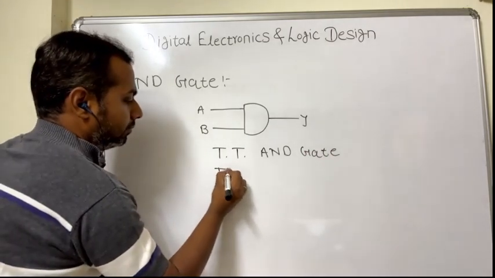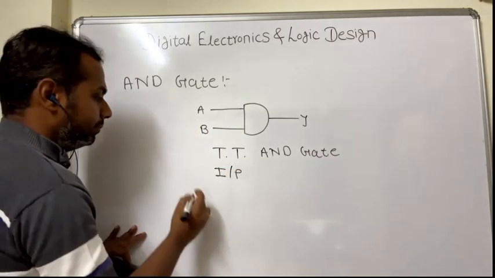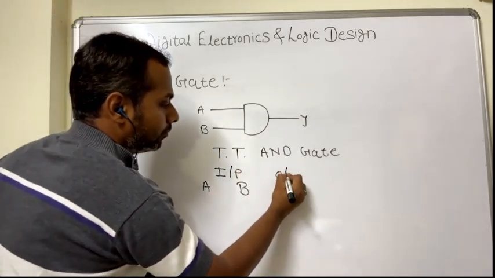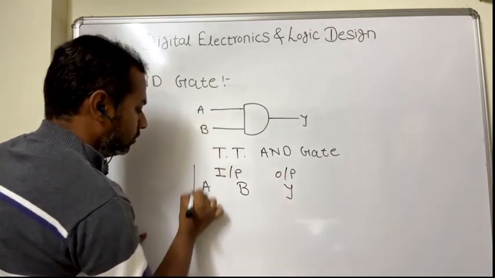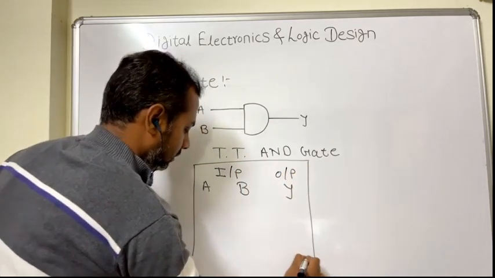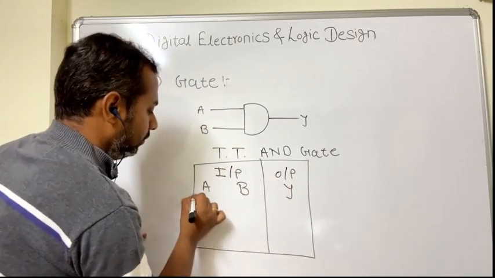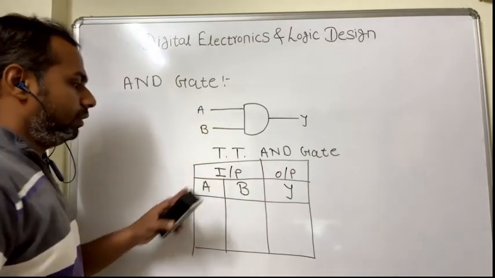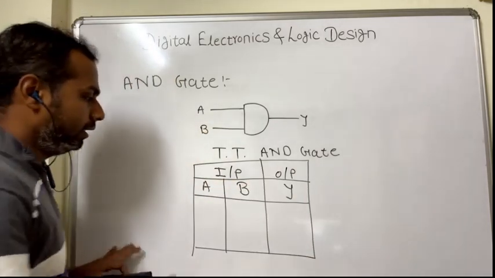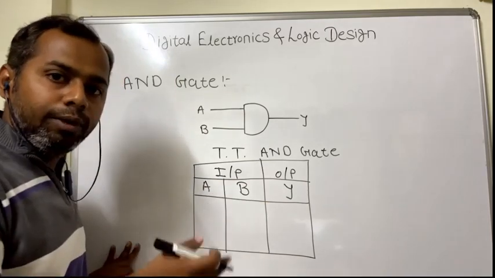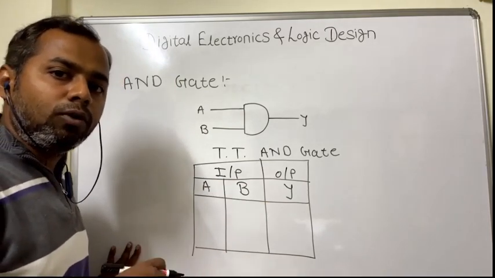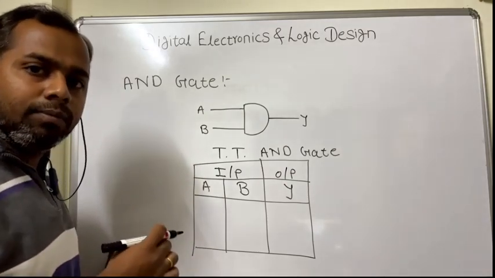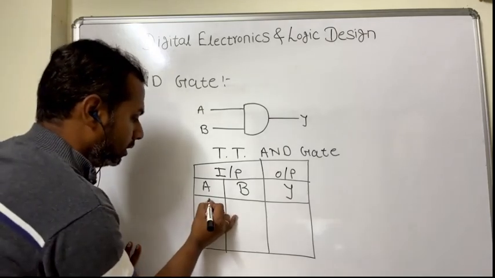Inputs are A and B, so write their names here, A and B, and the output is Y. For two inputs A and B, we have four possible combinations of binary bits 0 and 1. We have to take each possible combination of binary bits for these two inputs.